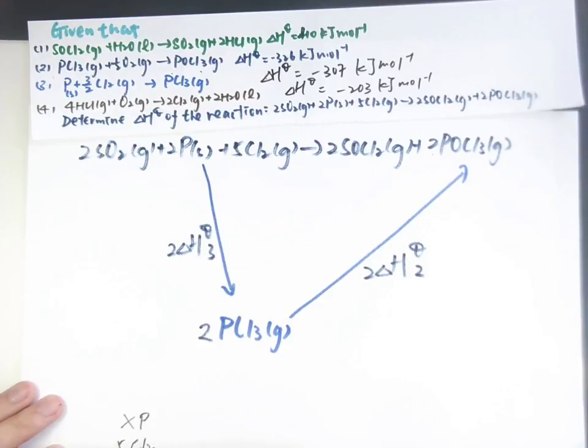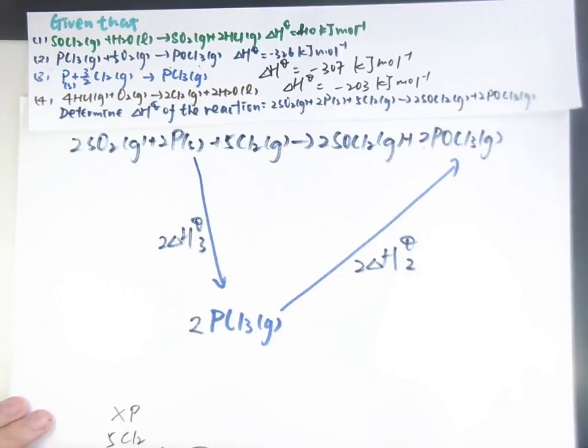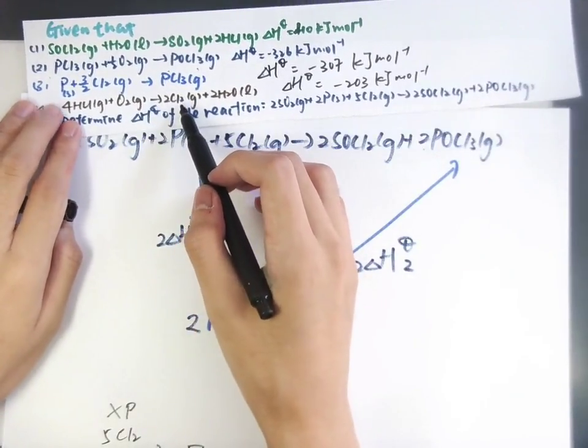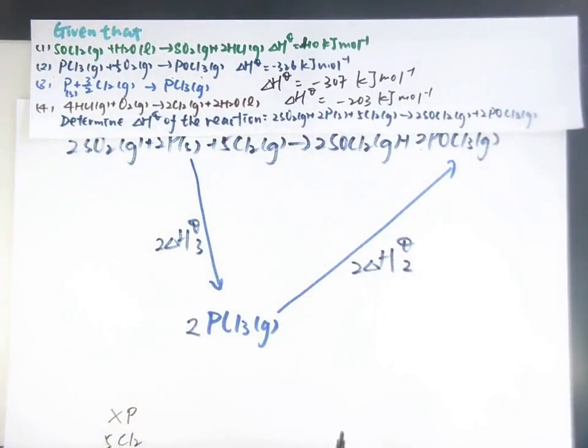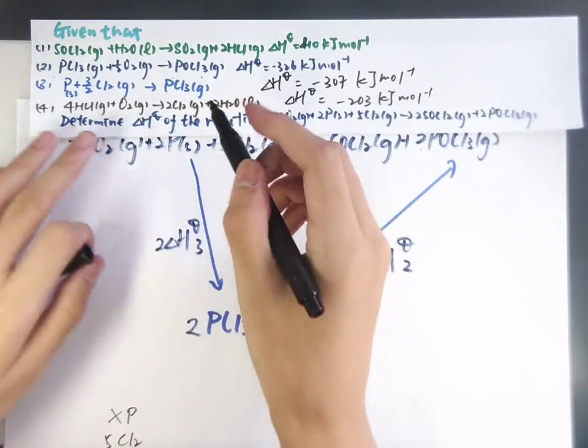And we have 2 SO2, of course, right? We haven't used it yet. So with 2 Cl2, what can you spot out? Yes, here are 2 Cl2. So this time we are not going from the left to the right, but from the right to the left.